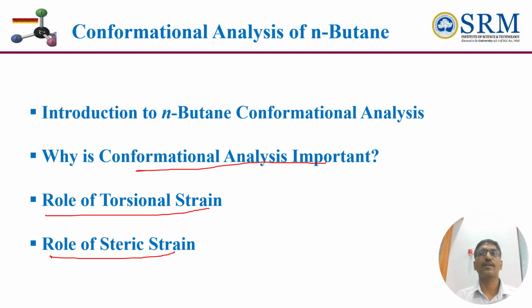This causes steric repulsion, especially in the fully eclipsed conformation. The CH3 repulsion is maximum. When we move on to the later slides, we will be able to see how these two methyl groups have more repulsion, therefore destabilizing the molecule because the energy becomes very high.